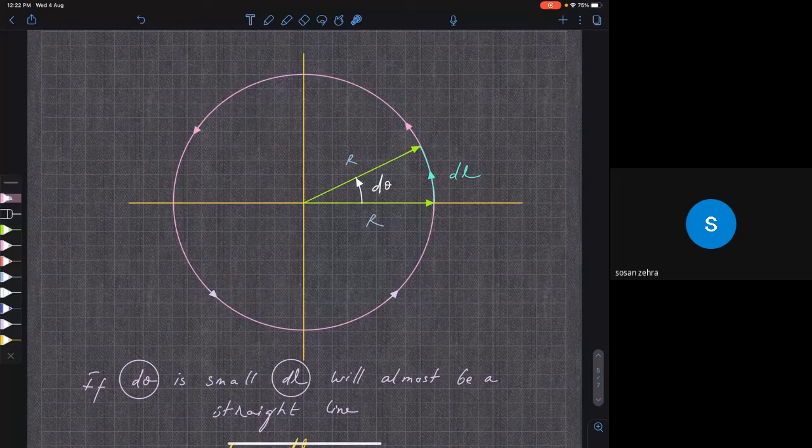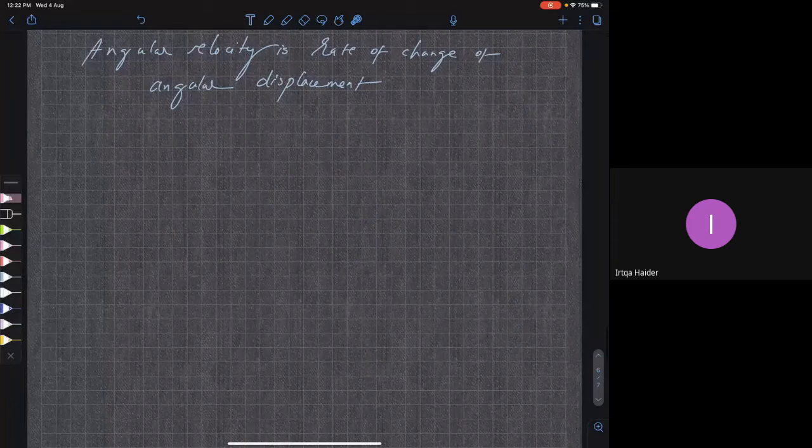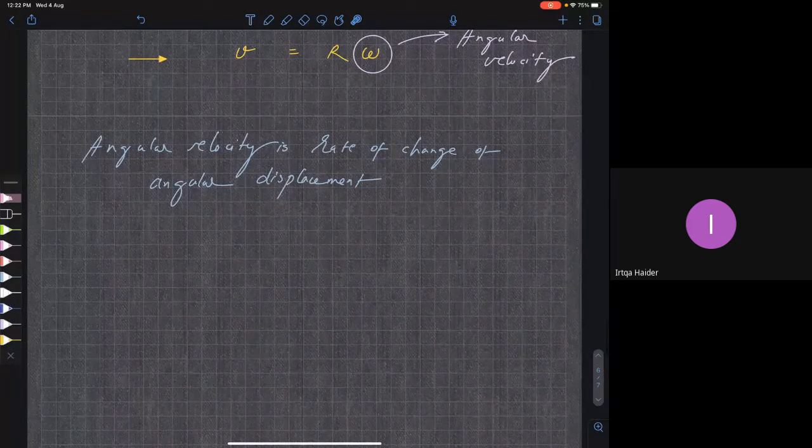Right hand thumb rule. Clear? Yes, sir. So the direction of d theta is up the plane, direction of omega is also up the plane. We'll come to that later. So angular velocity is rate of change of angular displacement.